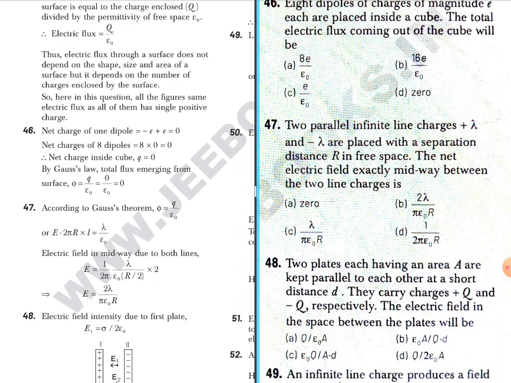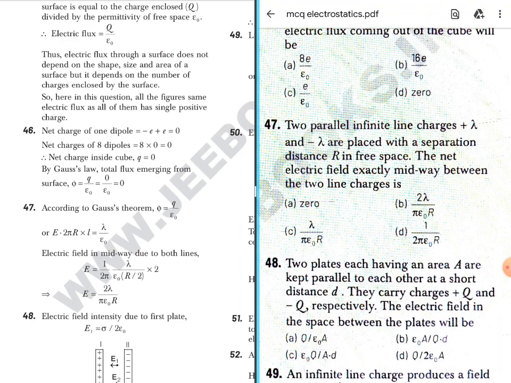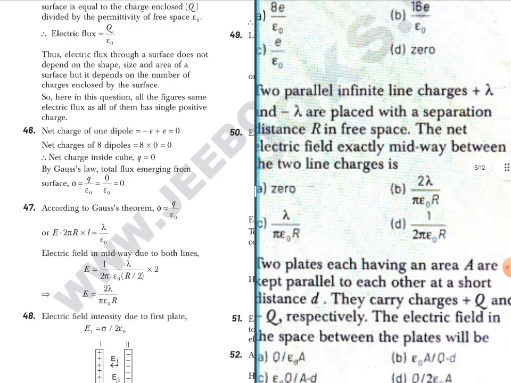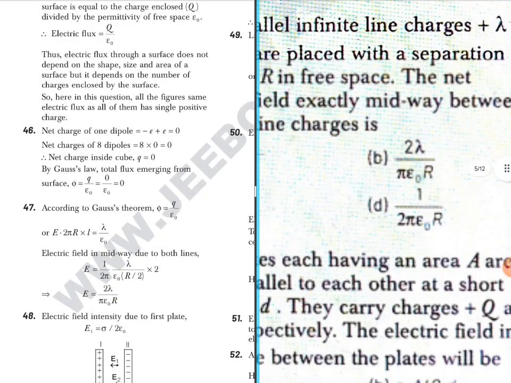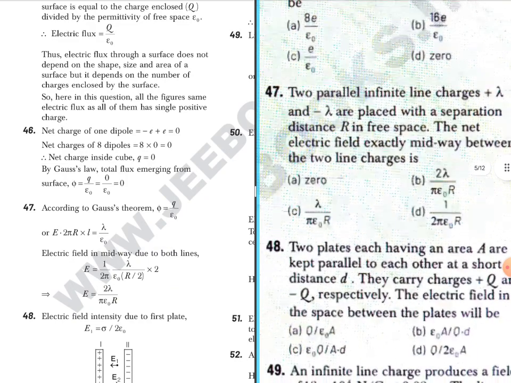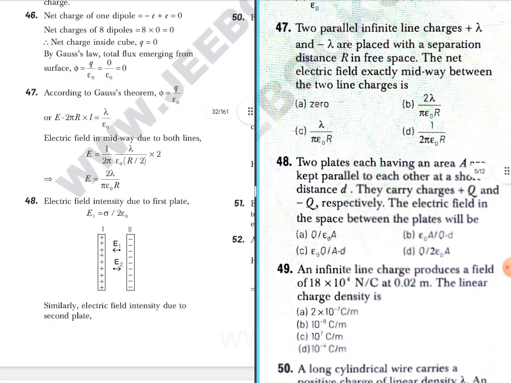The formula for the electric field due to a thin wire, using a cylindrical Gaussian surface, is K, which is 1 by 4 pi epsilon naught, into 2 lambda by r. But here r becomes r by 2. The 2 goes up and the 4 and 4 get cancelled. But like this, there is one wire, and another wire which gets added. So it will be 2 lambda by pi epsilon naught r. B is the answer. So let's go to the 48th question.